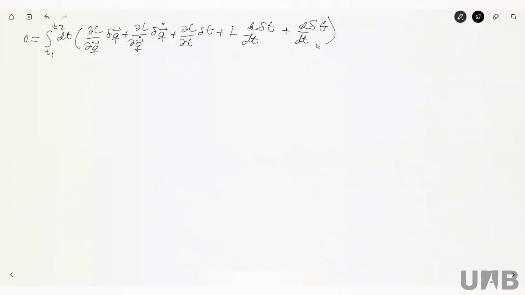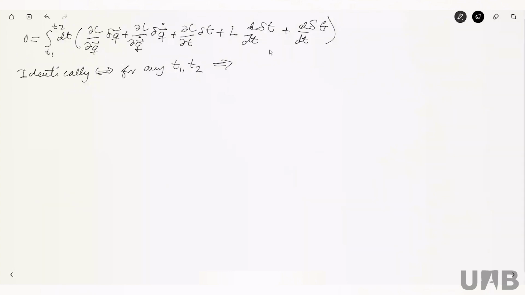Good. If this has to be 0, it has to be 0 identically, for any t1 and t2, which means that the integrand has to be 0, right? Remember that this was an identity. It happened regardless of t1 and t2. It was just that the actions were exactly the same, right? So we were computing an identical 0 in a very complicated way.